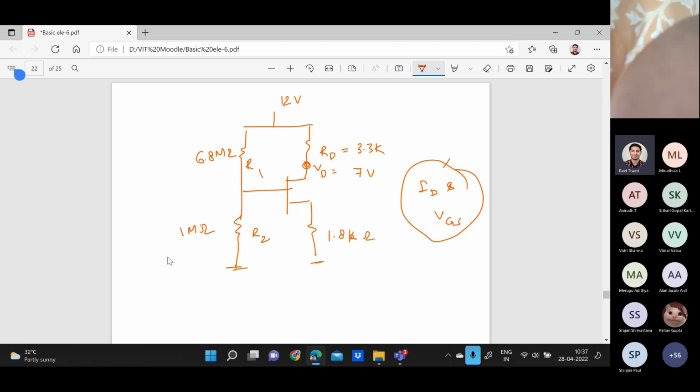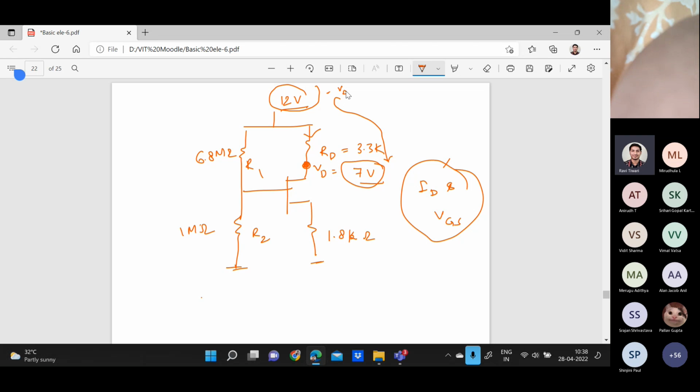Here, first you find out the value of drain current, because this is the 12 volt and this is the drain voltage. If you apply the loop up to here only, you will get the ID value. This is VD. Exactly at this point, what is the voltage? This is the starting point, this is the end point. You have to apply the loop here. So that is equal to what?